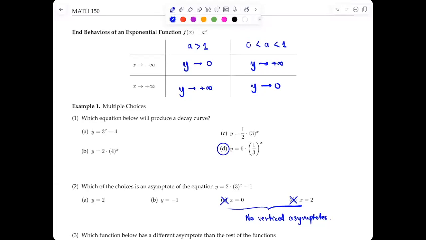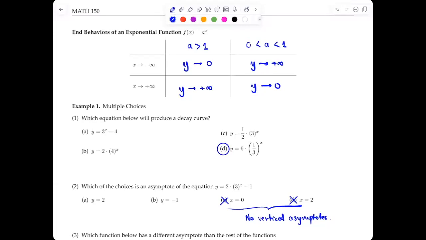And then how to define a decay function? When a is between 0 and 1, correct? All right, so these are the two cases that we need to consider. For this function, what is a equal to? 3, right? So this is an exponential growth function. You okay with it? All right.